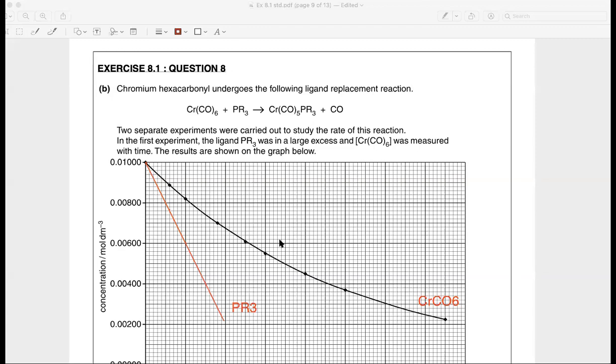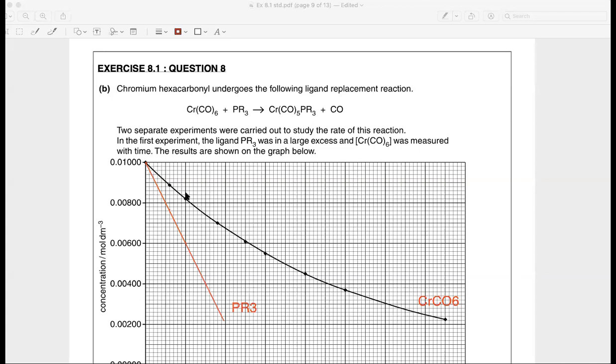Okay, now, a curve in a concentration-time graph can mean two things: second or first order. You cannot just assume it's first order. There are two ways to determine the order of reaction. The first is what happens to the rate as you change the concentration.